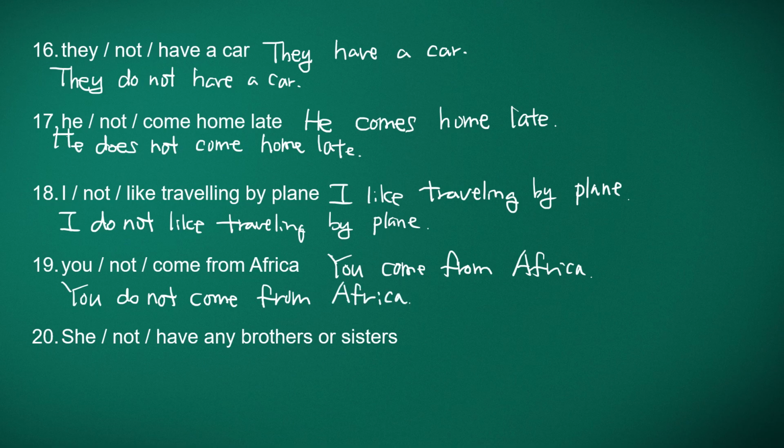And finally, she. Okay, she's a third person singular. She, and then have has to become has. She has a few brothers. So you don't use any for affirmative of brothers and sisters.